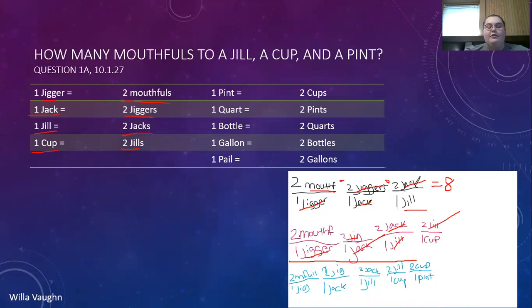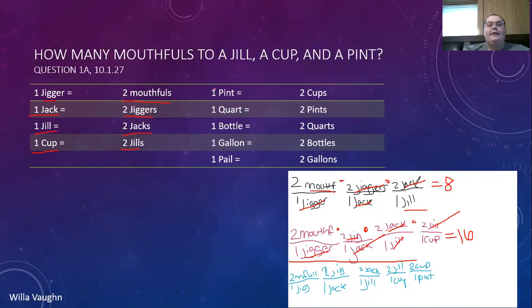And now we have our 2 mouthfuls in our 1 cup. So again, we're just going to do the same thing that we did at first. We're going to add 1 more 2 to our multiplication already. So 2 times 2 times 2 times another 2 is going to be 16. So we're going to have 16 mouthfuls to 1 cup.